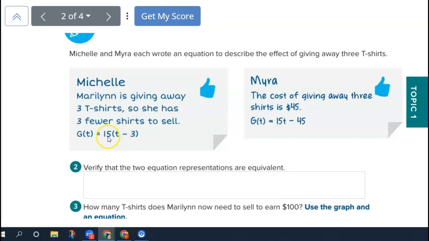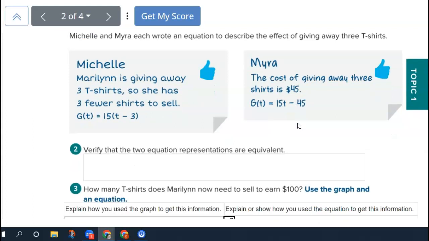So we're going to look at the 15, the t minus 3, the g of t, when you have the 15 and t multiplied together, and this negative 45 when we distributed the 15 times negative 3. So we're going to look at all these different parts and analyze what they mean.